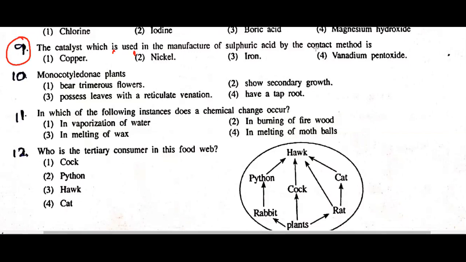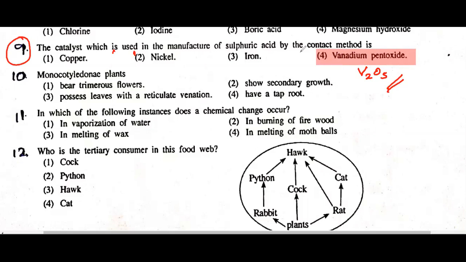Vanadium pentoxide, write the chemical formula V2O5. It's not in your first 20 elements periodic table. Please write down which lesson it is from if you don't know.